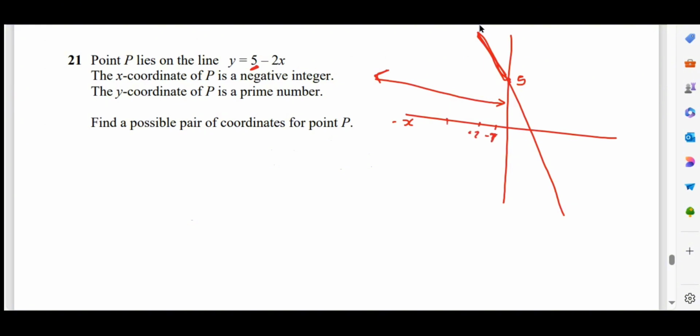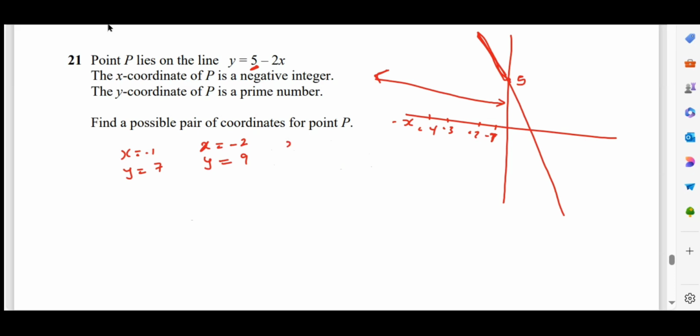So we test all the numbers, which are -1, -2, -3, -4. When x is equal to -1, what is going to be our y? Put -1 here, you have 7. When x equals -2, you have your y as 9.